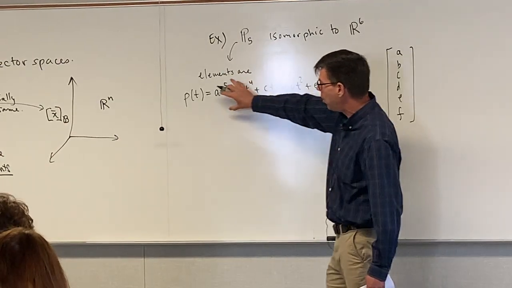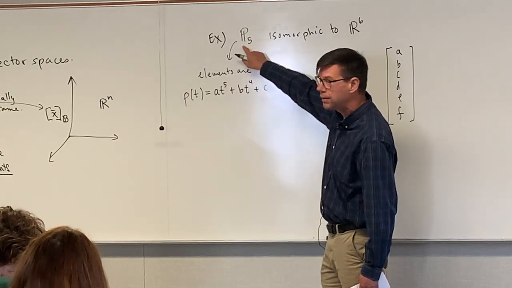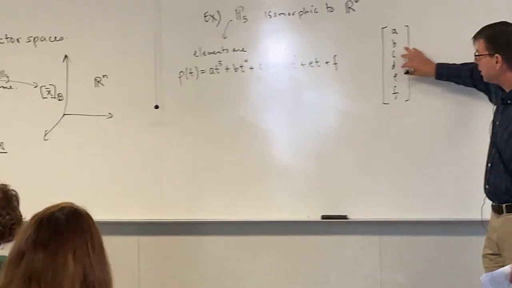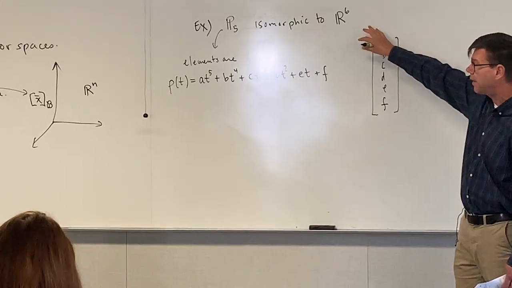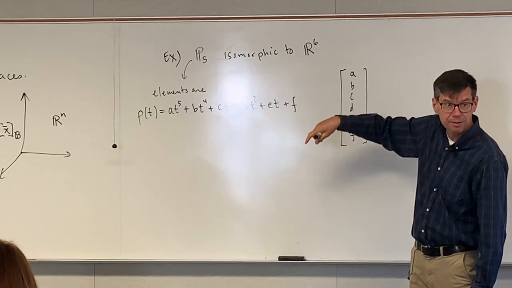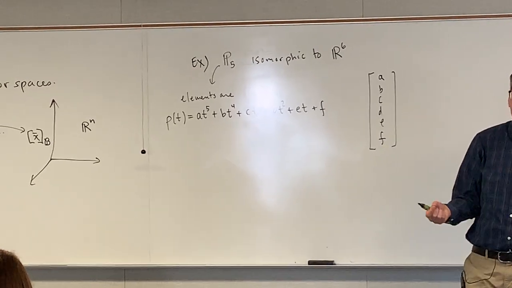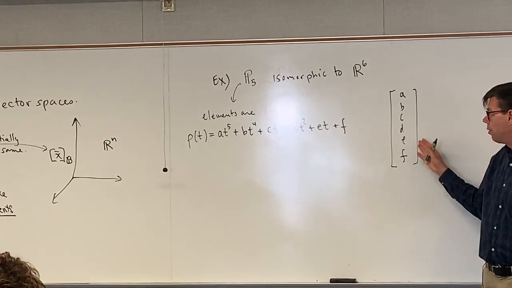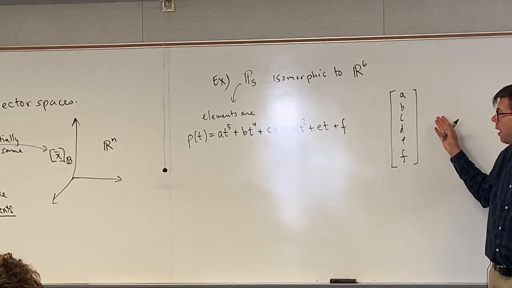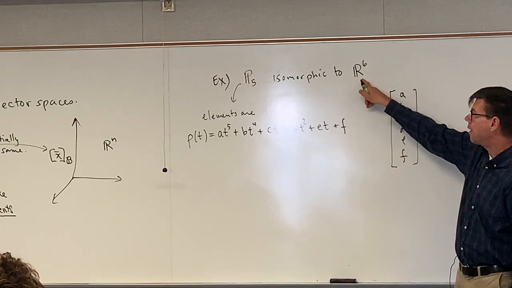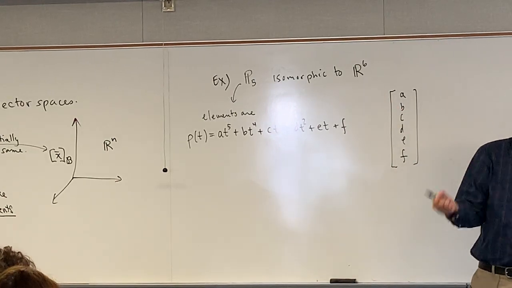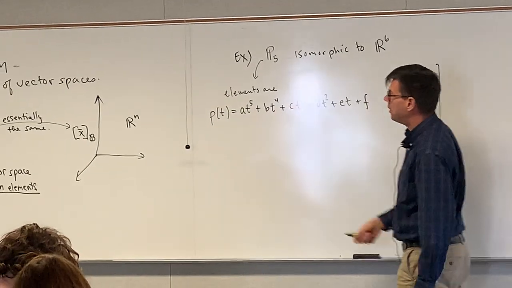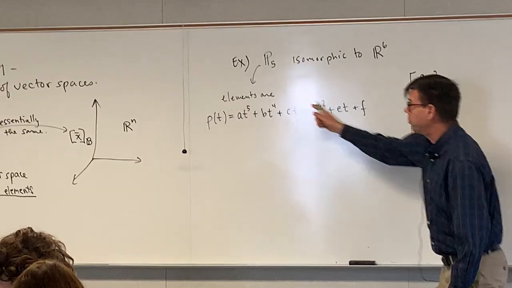Anything you want to show about the polynomials in this vector space P5, you could just as well show using 6 component vectors in R6 because of this isomorphism. So some of those polynomial exercises you could work through by working in the corresponding Rn space, which is always going to be one dimension higher than the number you see on the subscript here for P. Or you could work with the polynomials.